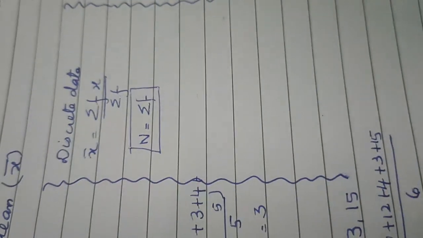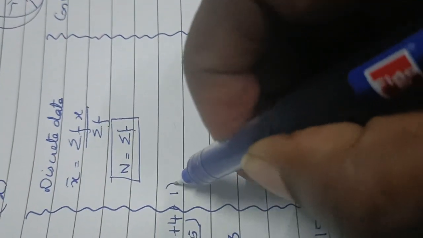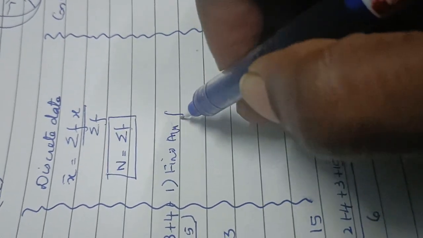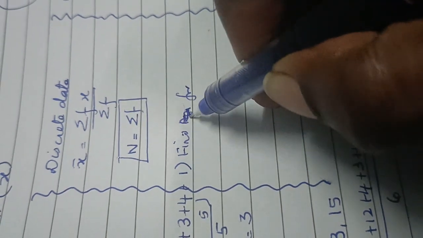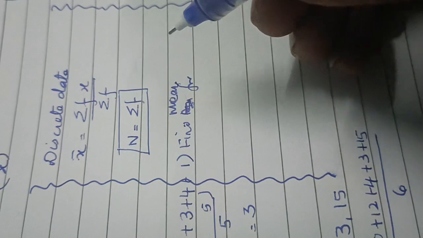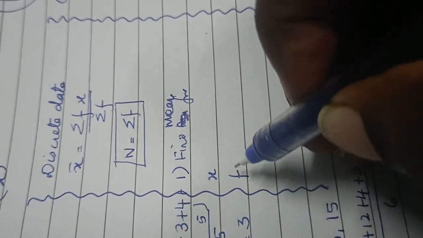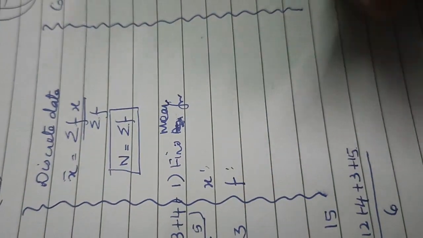Now we are going to see a problem and solve it. Question number 1: find AM, find mean, for this. Here you have x and f. A very direct question, there is no complication, no other table format.